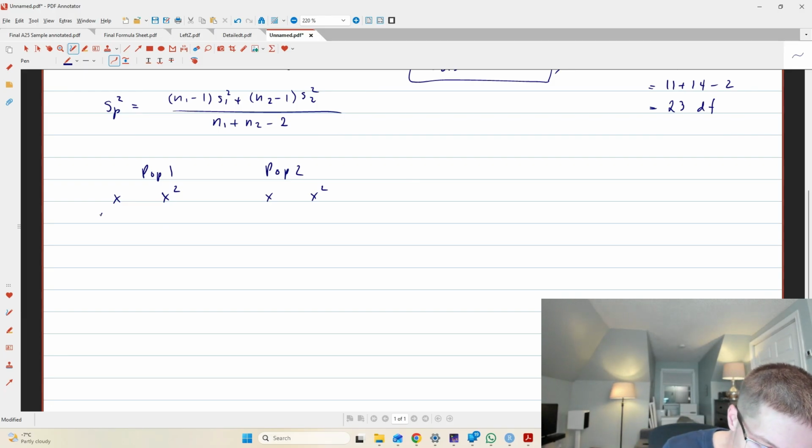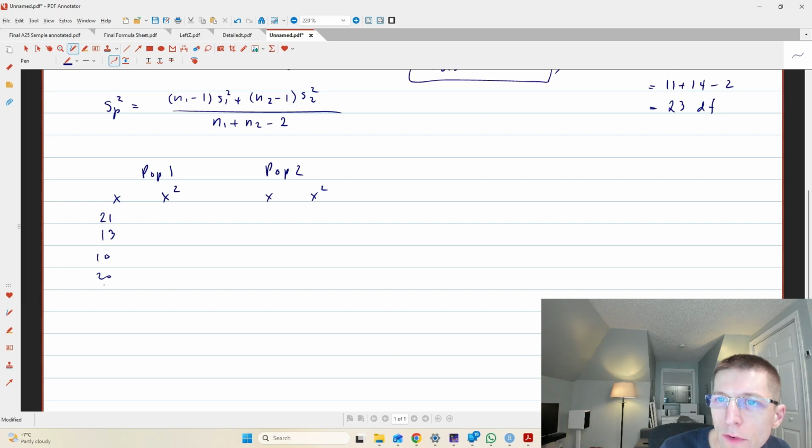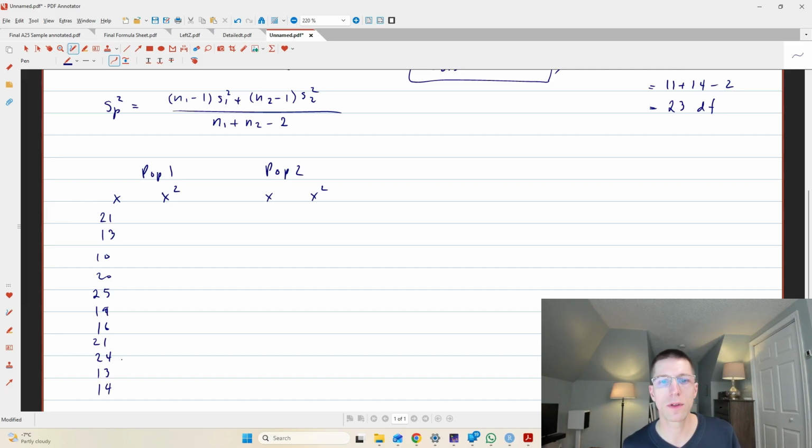So the x values are for the anxiety group, which we'll say is population 1. Let's write down the numbers. We've got 21, 13, 10, 20, 25, 19, 16, 21, 24, 13, 14. I don't know if this is the best way to do this, I'm just trying to come up with a way. Because at the end of the day, I'm going to have to add these up to calculate the mean, and I'm also going to have to add up the squares of them to calculate the variances.